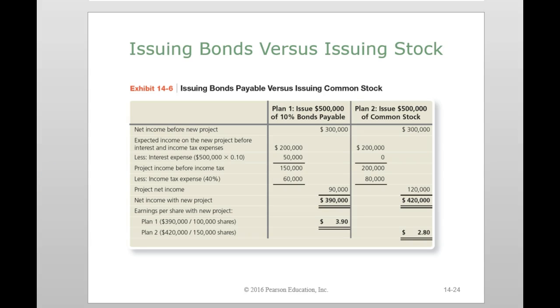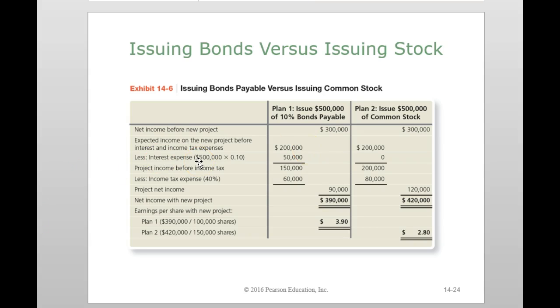Here is an example. Net income before the new project is $300,000. We have two scenarios. I can issue a $500,000 bond, or I can issue $500,000 of stock. So let's just compare it. We expect the income from that new project to be $200,000.